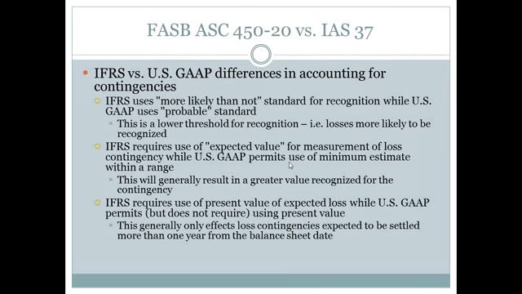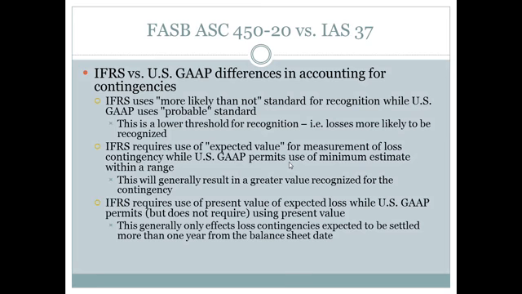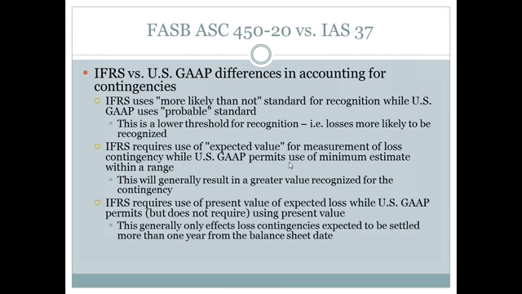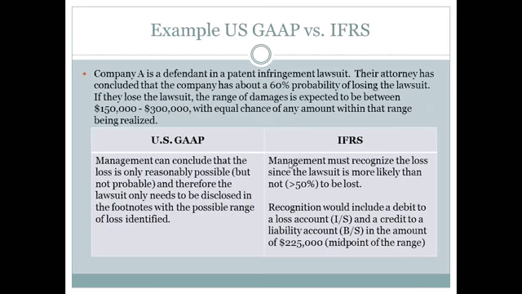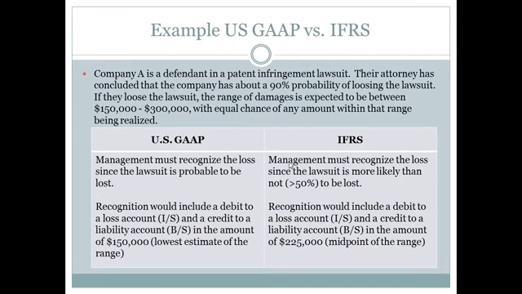So it does not help the firm. It hurts the firm from a financial performance and financial status standpoint. So management of companies would much prefer the U.S. rules as compared to the IFRS rules on this particular issue. And so that's an overview of US GAAP and IFRS standards with respect to loss contingencies.